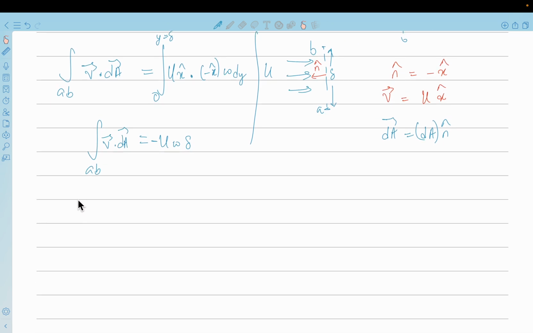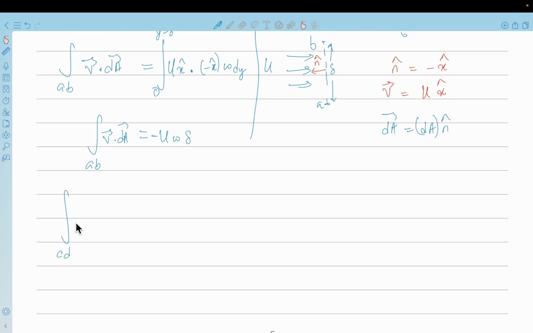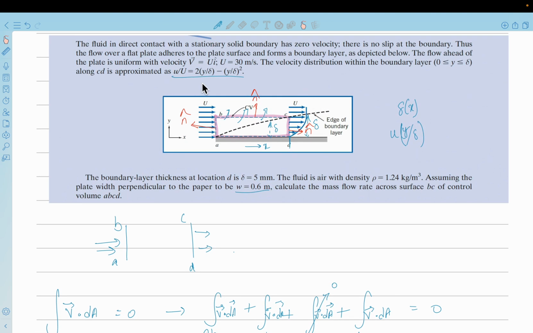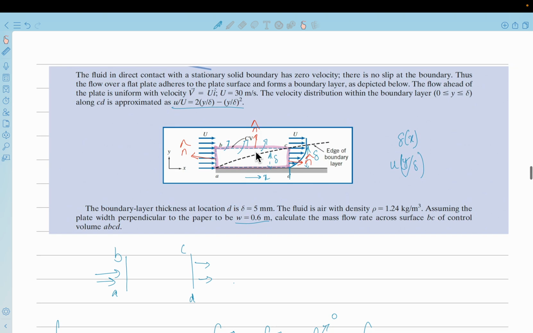So now let us evaluate the integral over CD. Again, this is the integral of V dot n cap dA. Now at this location CD, the velocity has a certain profile, and that profile is given to you, right? So I am going to write that in these terms.